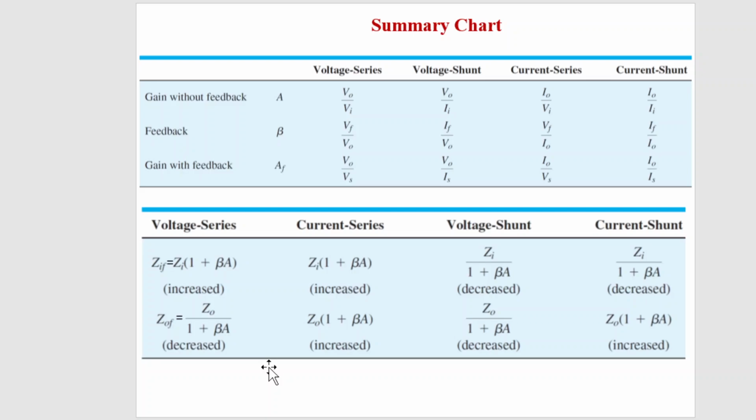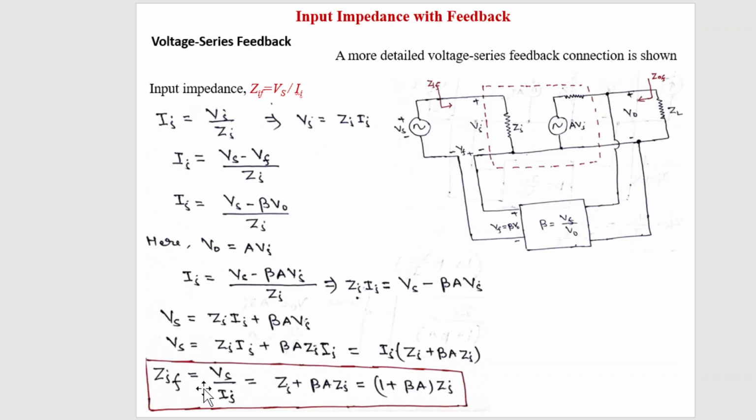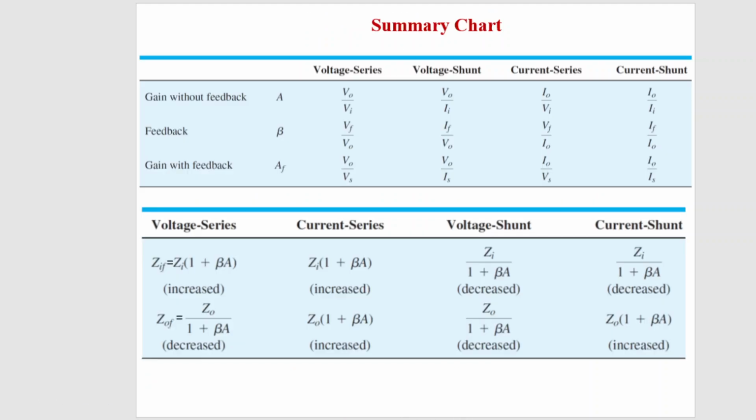So if you compare these results in a tabulated form, you see input impedance in case of voltage series. If you remember, what we found out? We found out that input impedance in voltage series feedback was 1 plus beta A times input impedance without feedback. So that is what I have written, Zi into 1 plus beta A. That means here the input impedance was increased in case of voltage series feedback. And similarly, in case of voltage shunt, if you remember, that was decreased.